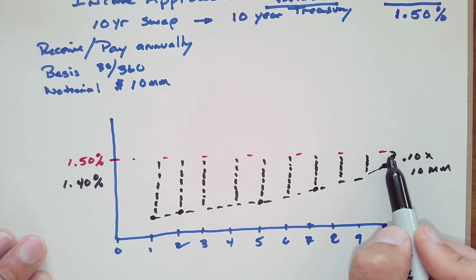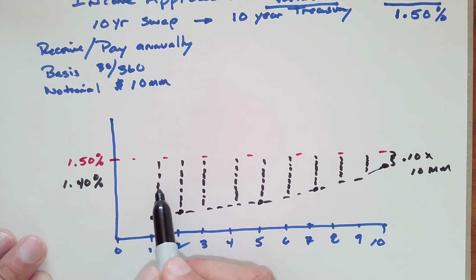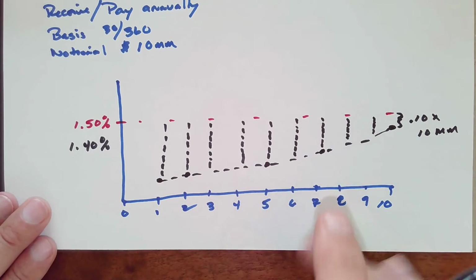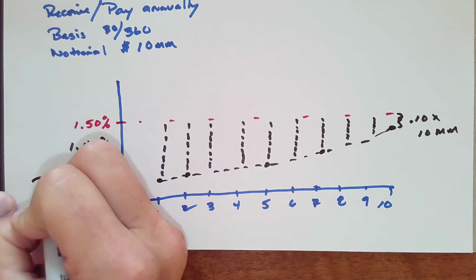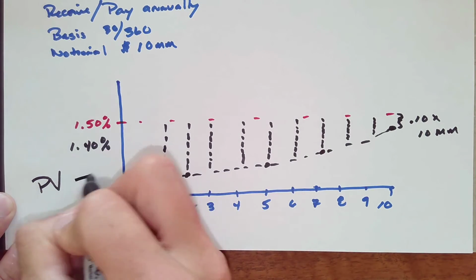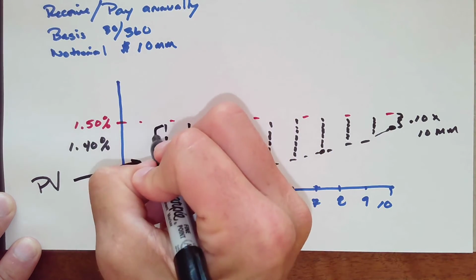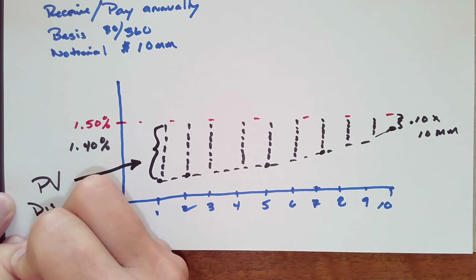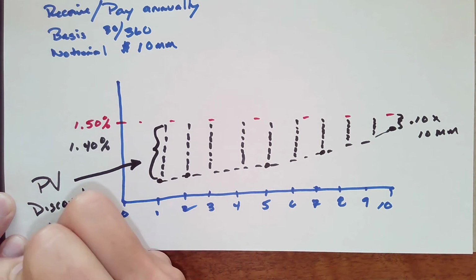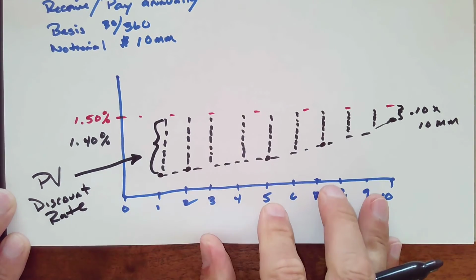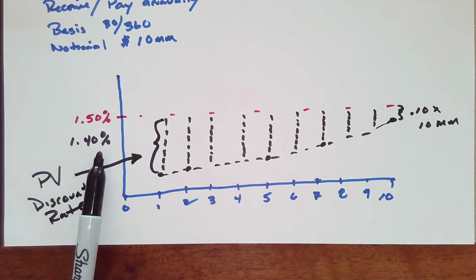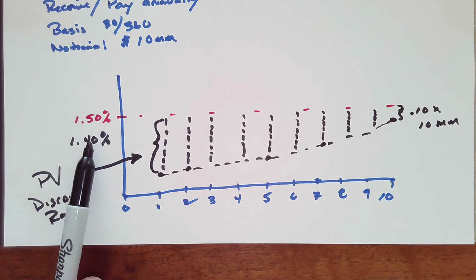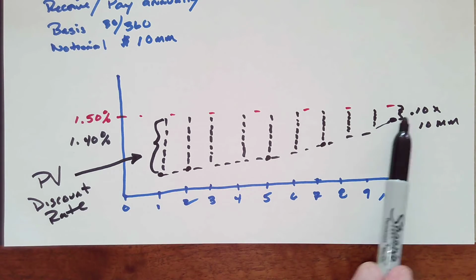So the stream of these differential cash flows, we're going to take the stream and we're going to determine the present value of that stream of differential cash flows using the discount rate. And the discount rate we want to use is, since if we are the one who are paying 150 and collecting 140, then we have a liability.